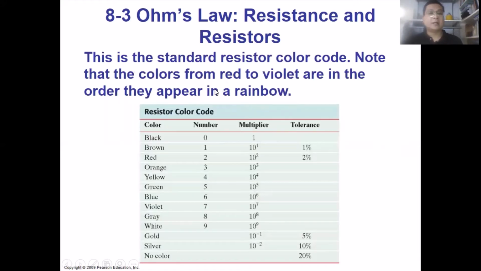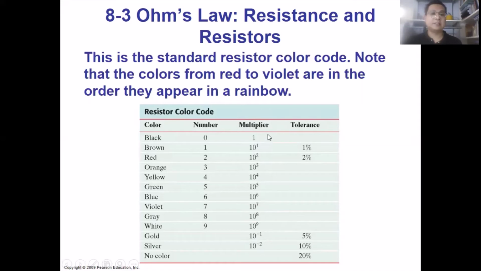As I mentioned before, the first color varies from black until no color. So black refers to number 0, brown refers to number 1, red and so on. You can see by yourself. And then the multiplier. The multiplier is the power of 1, the power of 2.